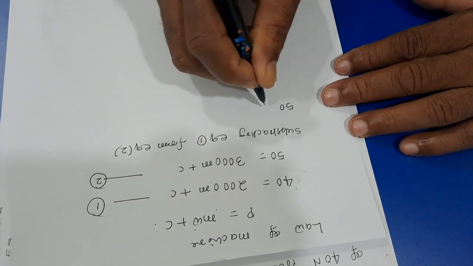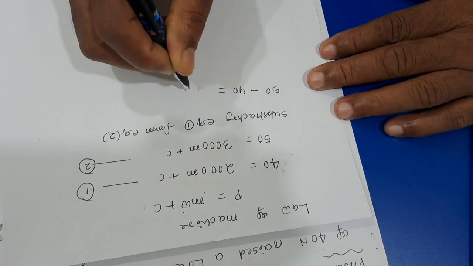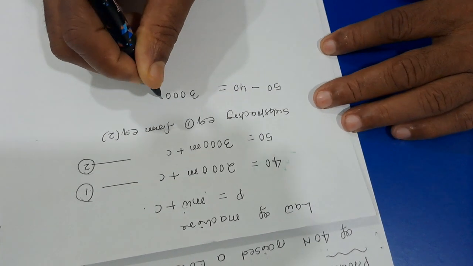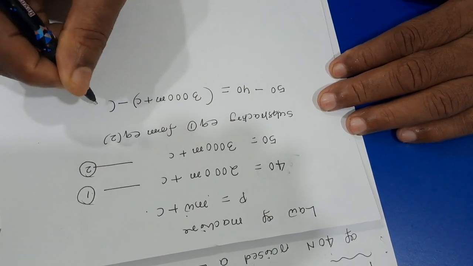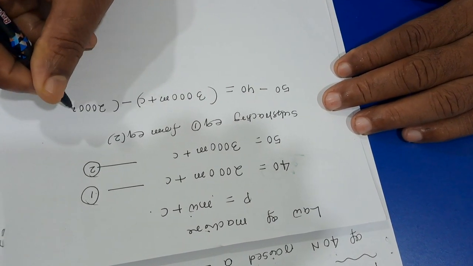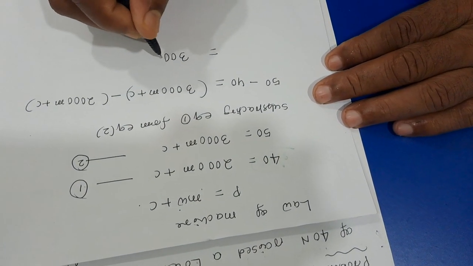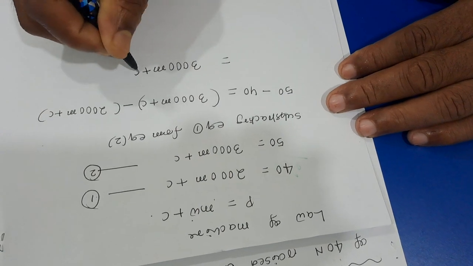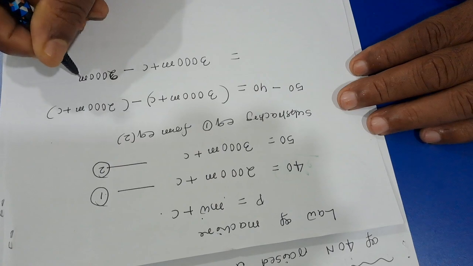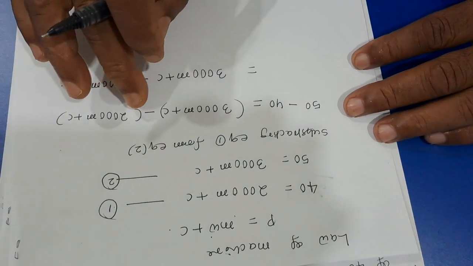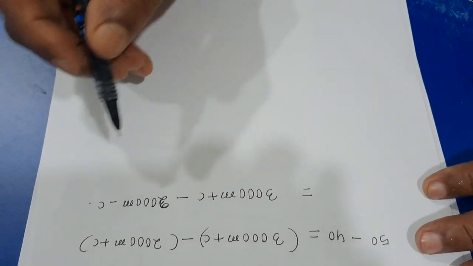50 minus 40 is equal to 3000 m plus c minus (2000 m plus c), which is 3000 m plus c minus 2000 m minus c, because after opening the bracket it becomes minus 2000 m minus c.